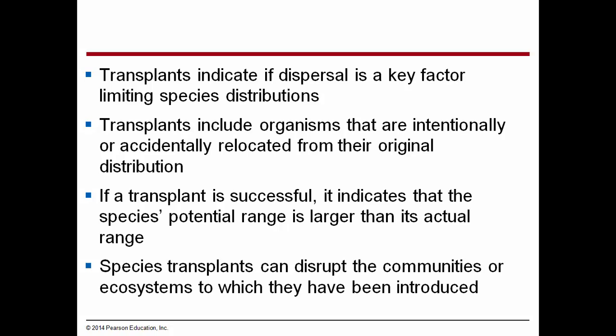Transplants include organisms that are intentionally or accidentally relocated from their original distribution. If a transplant is successful, it indicates that the species' potential range is larger than its actual range. Species transplants can disrupt the communities or ecosystems to which they have been introduced.